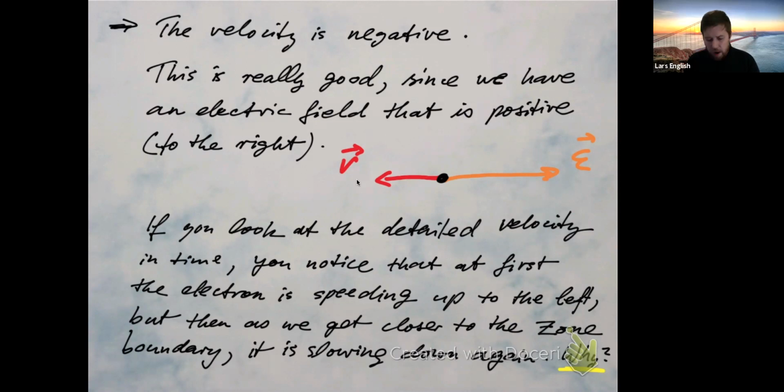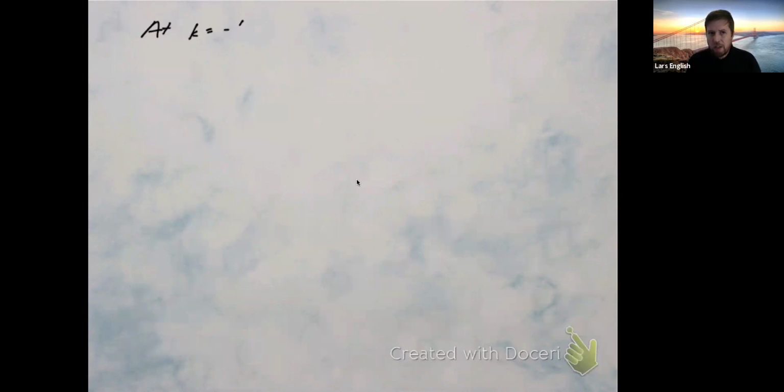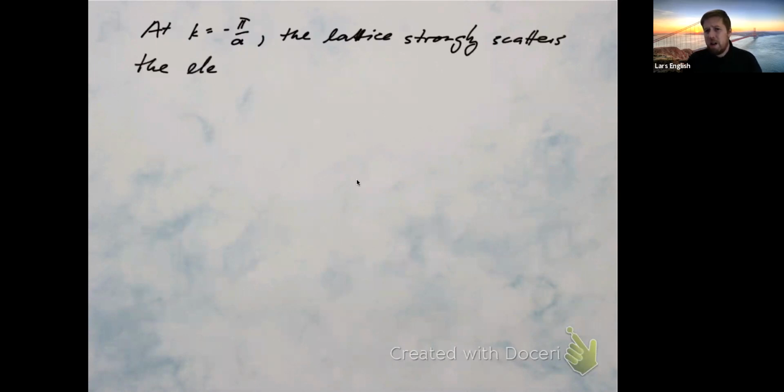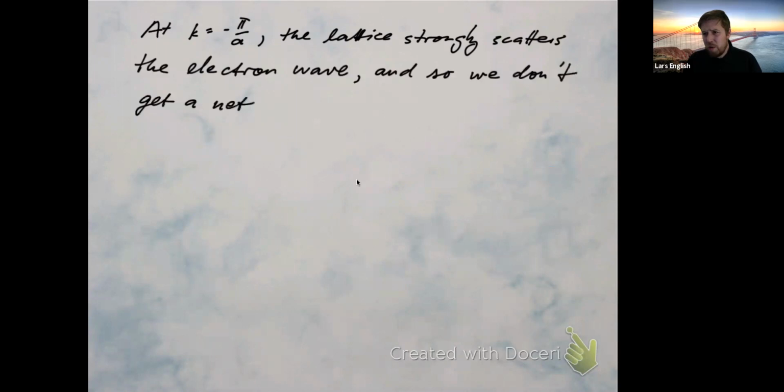You see that very clearly from the dispersion curve, right? And so at k equal to minus pi over a, when we've reached the zone boundary, of course, the lattice, we said, strongly scatters the electron wave, and so we don't get a velocity there.